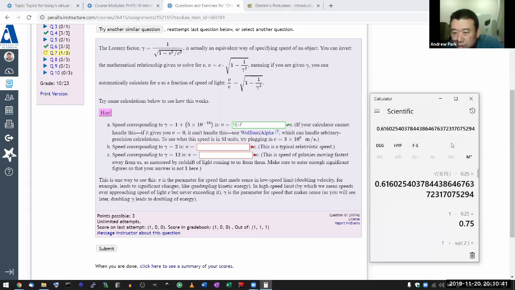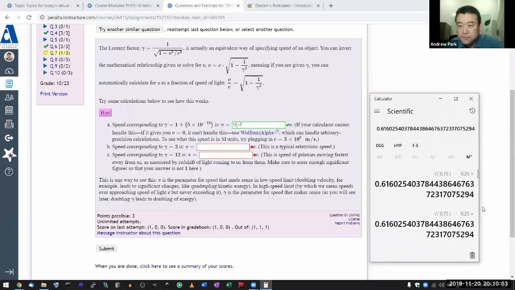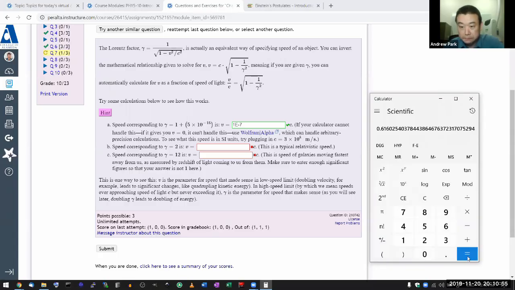Well, let me just do square root of 0.75. 0.75, square root it. That is weird. Let me just not press the equal sign. 0.75 square rooted. Okay, that's the correct answer. 0.866.